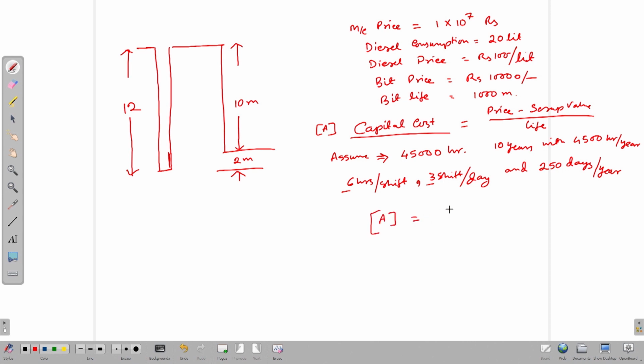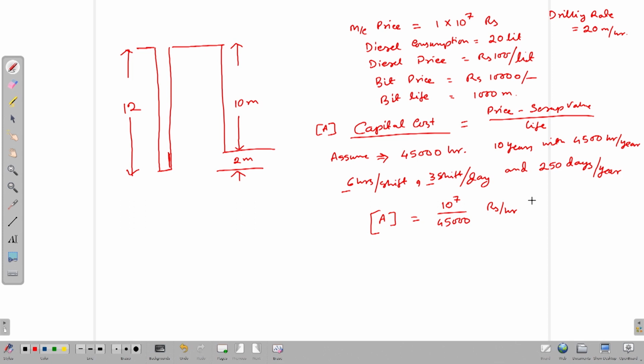So, now from this we are getting the capital cost. Capital cost is now 10 to the power 7 by 45,000, that is coming around in rupees per hour. So, we know our hourly drilling rate is given in meters per hour.